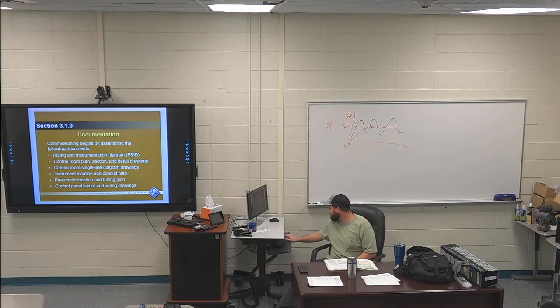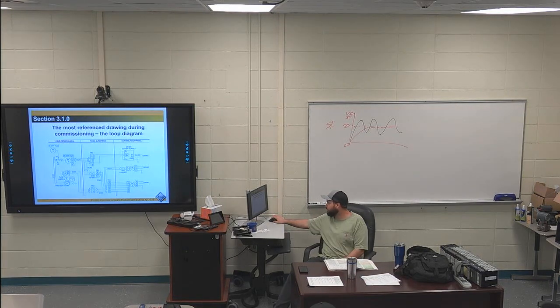So you can actually see that up on the board. It has the field process area, the panel junctions, and then the control room. So you can see how loops are made. I've got a power supply right here. The output goes to terminal 2 in the panel, and output negative goes to 11.